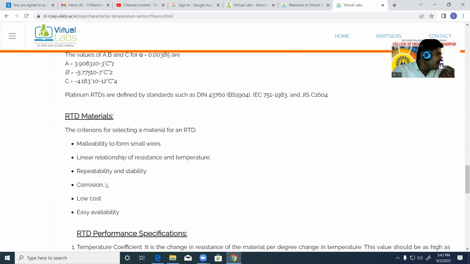That means the ability of the material to be formed into a very thin wire, like platinum, without breaking. Second, a linear relationship between resistance and temperature. Then repeatability and stability, corrosion free, low cost and easy availability. These are some of the criteria while selecting the material.